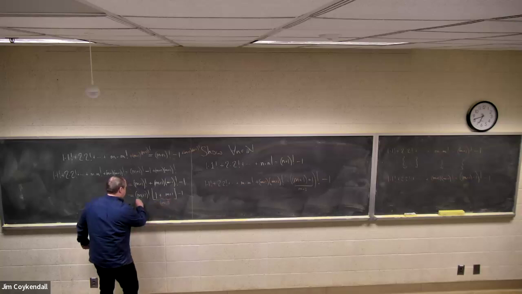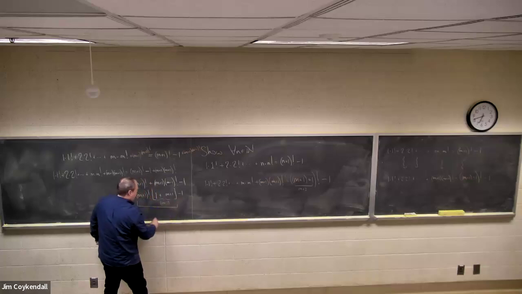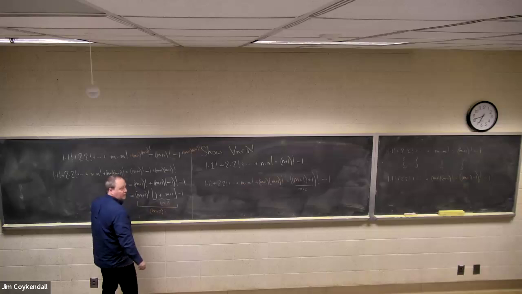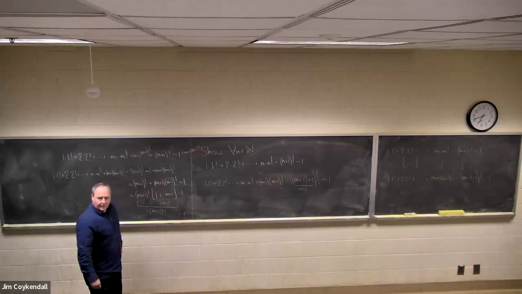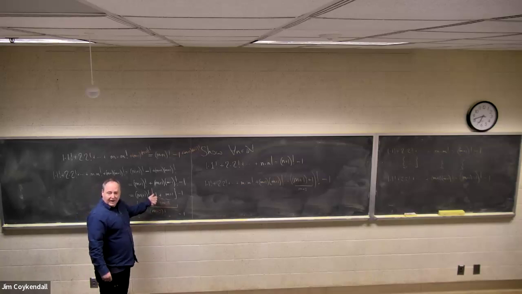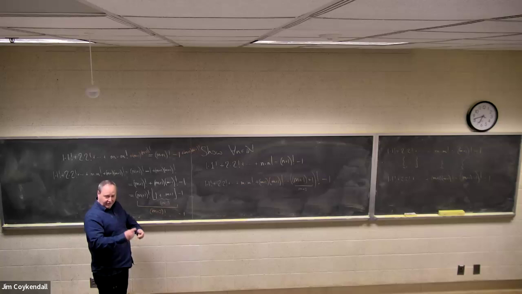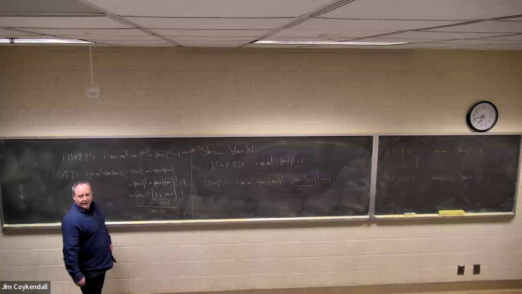So this thing right here, in front of the minus 1, is (n plus 2) factorial. (n plus 1) factorial times (n plus 2) is just the next factorial.